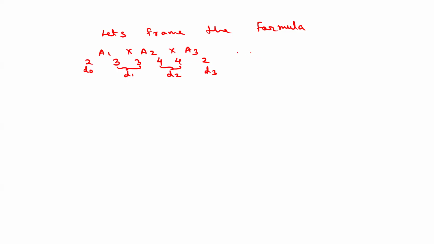So find the minimum cost multiplication, that is cost of 1, 3, because there are 3 matrices, that is A1 to A3. Okay. 1 means i and j is 3.